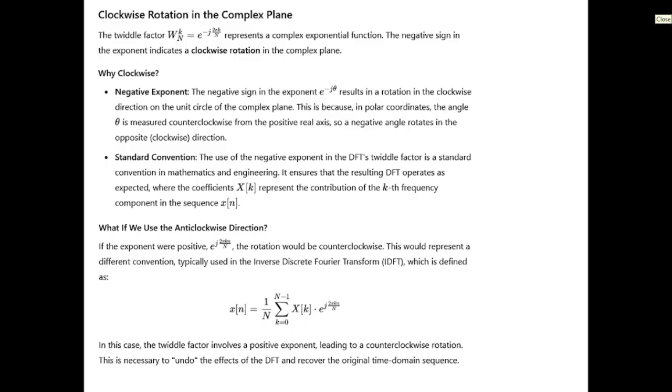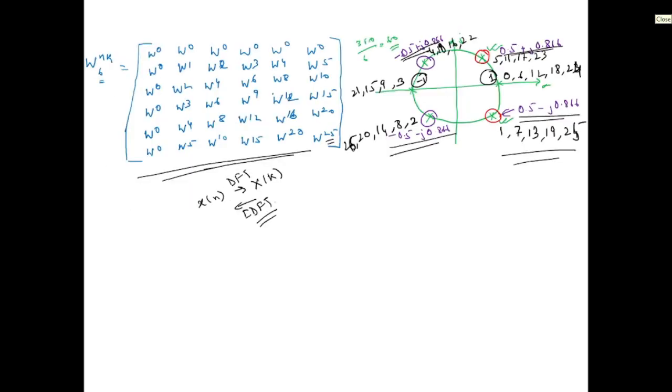So whatever I told, these are there. Then if I ask you to calculate the 6-point DFT twiddle factor matrix, what do you have to do? You have to divide this circle into 6 points and you will be getting these coordinates.